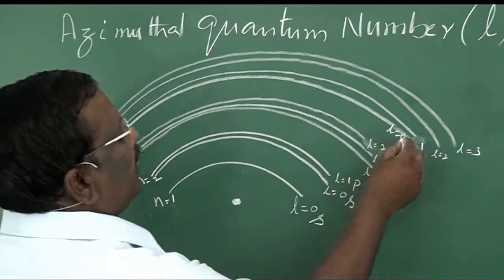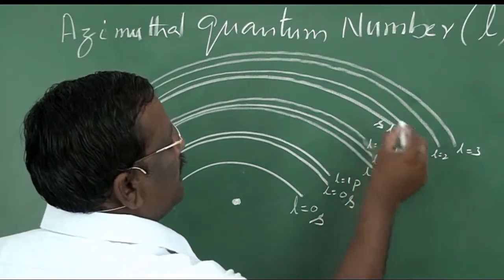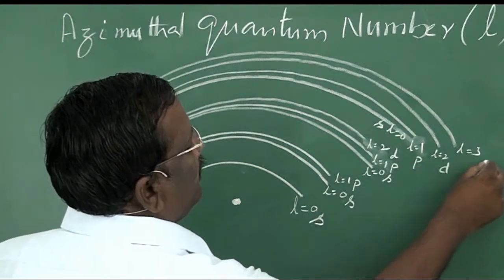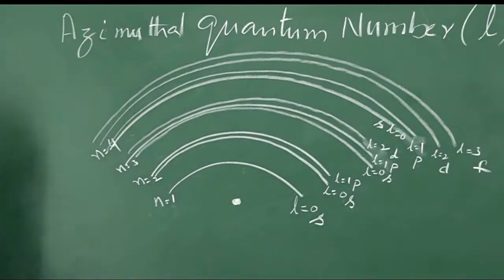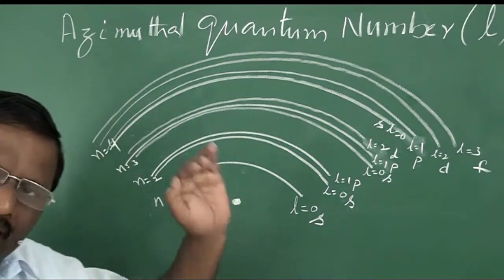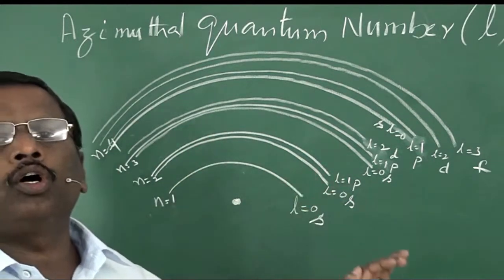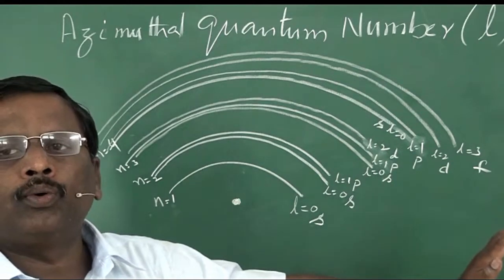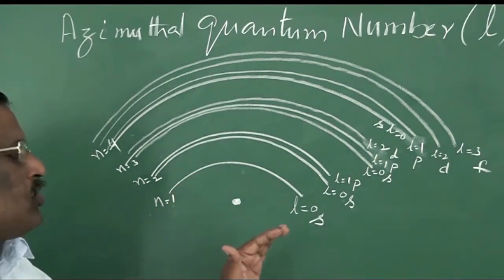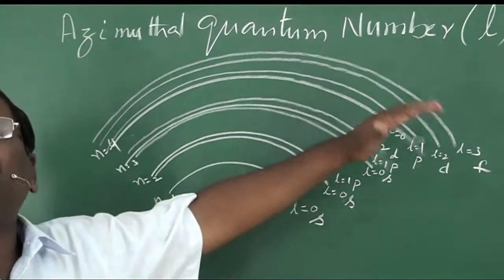In the fourth energy level you have four sub-energy levels, s, p, d, and f. So the number of sub-energy levels present in a given main energy level is equal to its n value, and their values are from 0 to n minus 1.